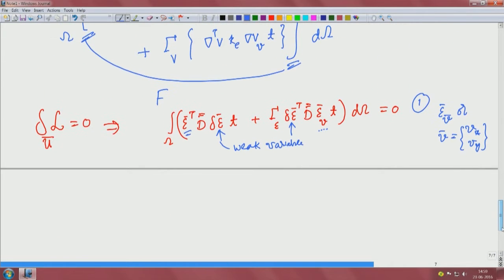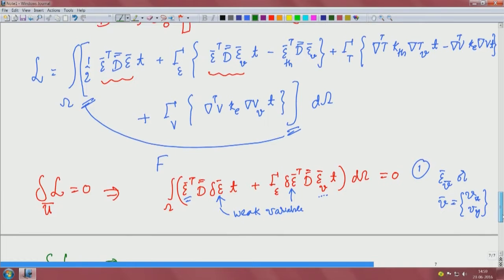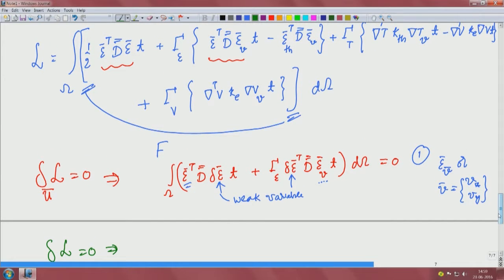Now, similarly, let me choose green color, Lagrangian with respect to T equal to 0. We need to look at where the temperature is, in this and over here, two places. This will be alpha epsilon thermal has alpha delta T, the temperature rise that we have.